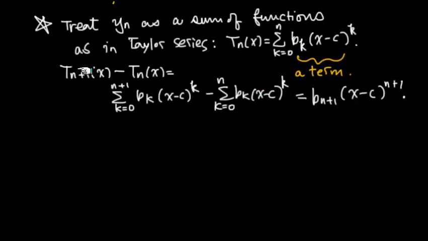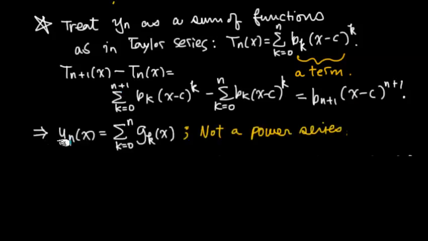So if these are the functions you get out of Picard iteration, and you want to write this yn from Picard iteration as a sum of things, those individual terms look like this: yn plus 1 minus yn, of course.